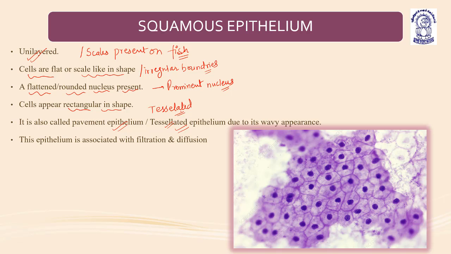Due to its wavy appearance, as it is so flexible that it gives a wavy appearance, it is known as tessellated epithelium. This epithelium is also associated with filtration and diffusion. Understood?